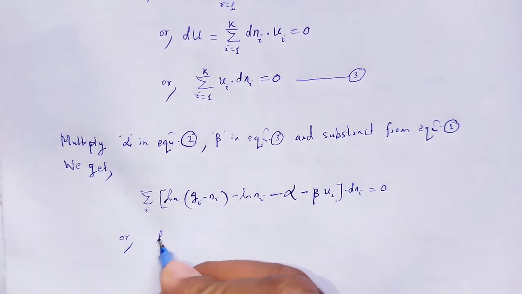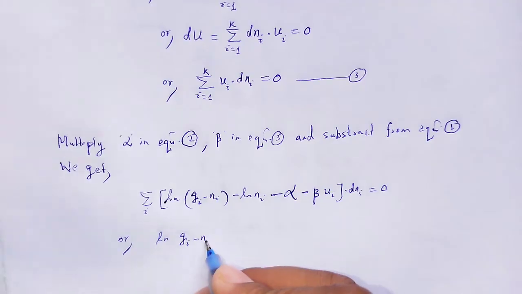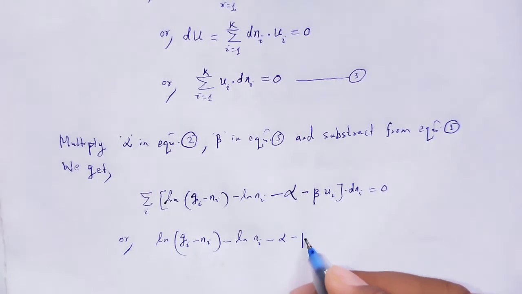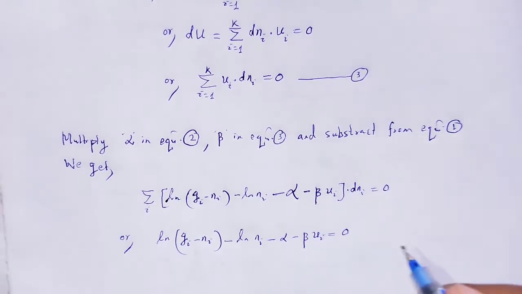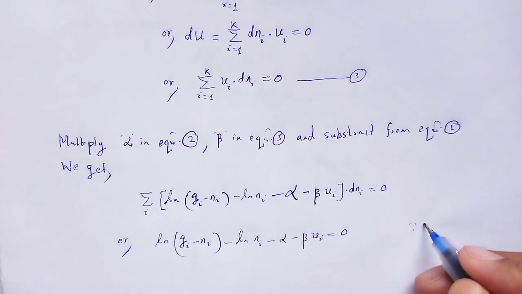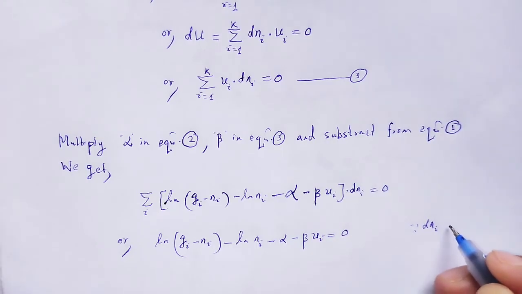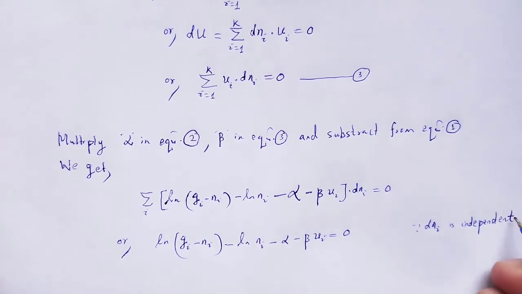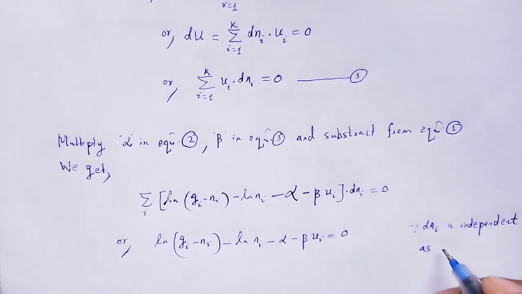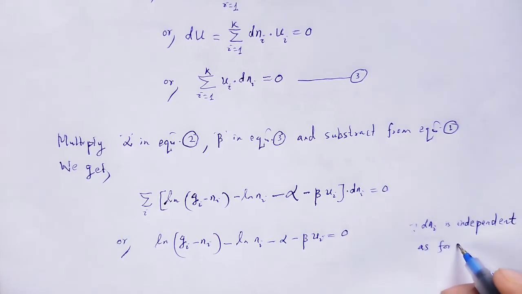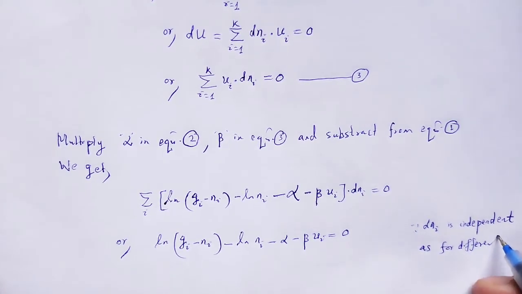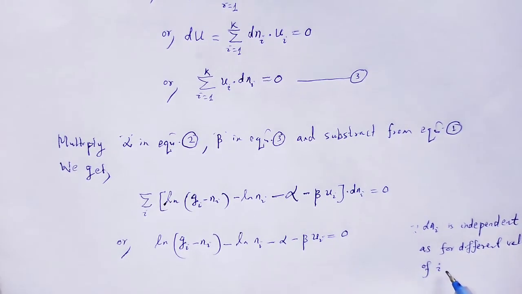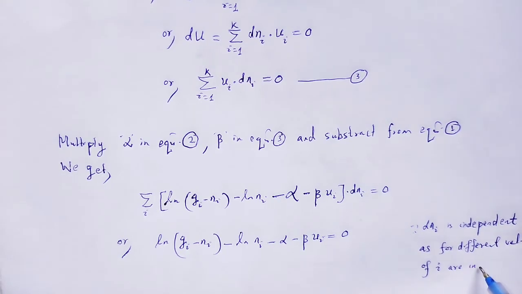Therefore ln (Gi minus Ni) minus ln Ni minus alpha minus beta Ui is equal to 0, as dNi is independent for different values of i.